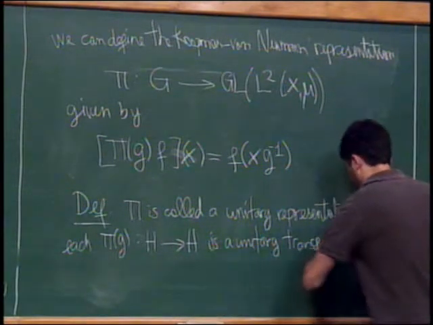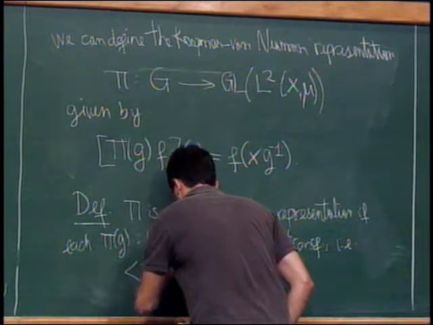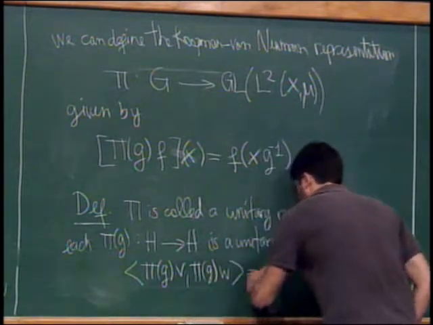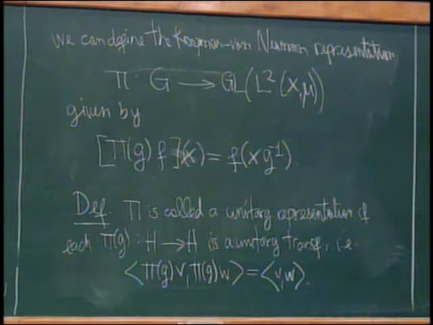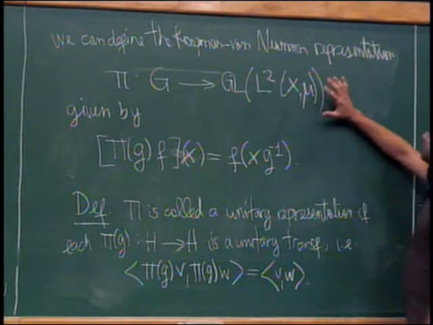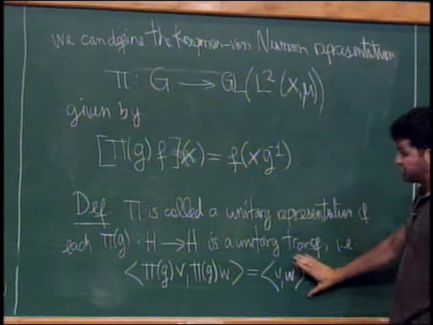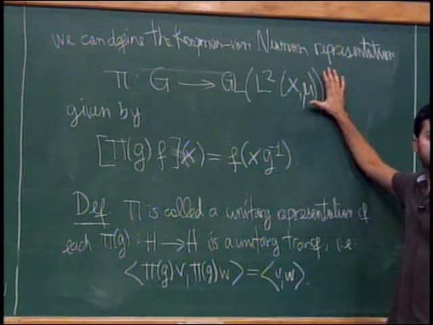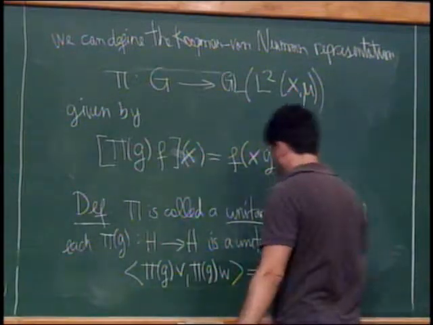Okay? This means that if you want to consider the inner product of the images of two vectors, you can just calculate the inner product of the vectors that you begin with. You're going to get the same result. Okay? So in the case that you are acting by measure-preserving transformations, the Koopman-von Neumann representation is going to satisfy this property, and this is just a change of variables. Right? So this is what we call a unitary representation.